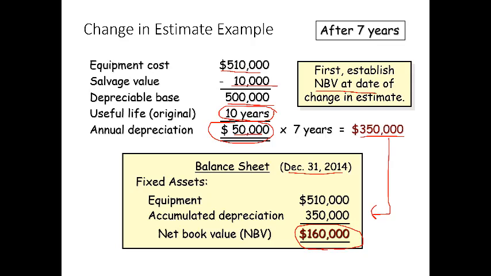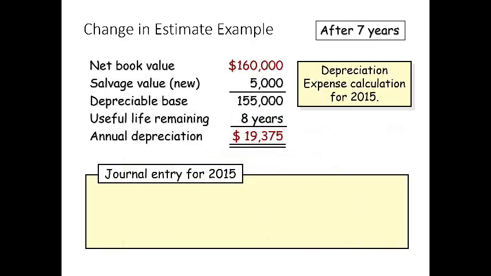Now we're going to take this $160,000 and depreciate it over the remaining useful life under the new estimates of useful life. So the new estimate is that there was a 15-year life. So there's 8 years left. So 15 minus 7 gives you 8 years remaining in this equipment's useful life under the new estimate.